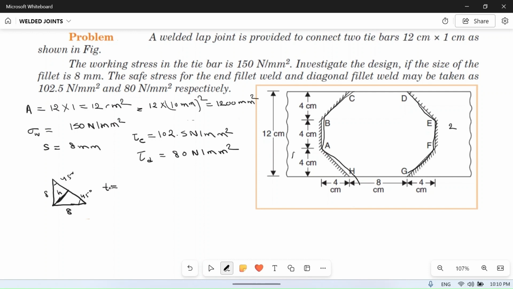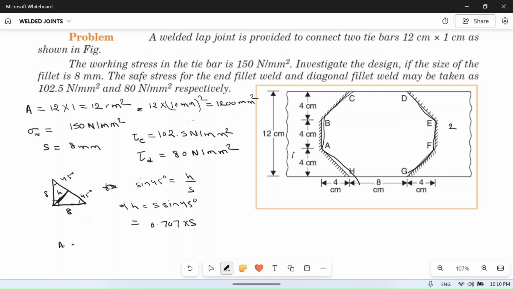So we have to find t, this is 90 degree. So sine 45 is equal to perpendicular by hypotenuse, so h by s. So h is equal to s sine 45. Sine 45 is equal to 0.707, so h is 0.707 into s. So this is height.